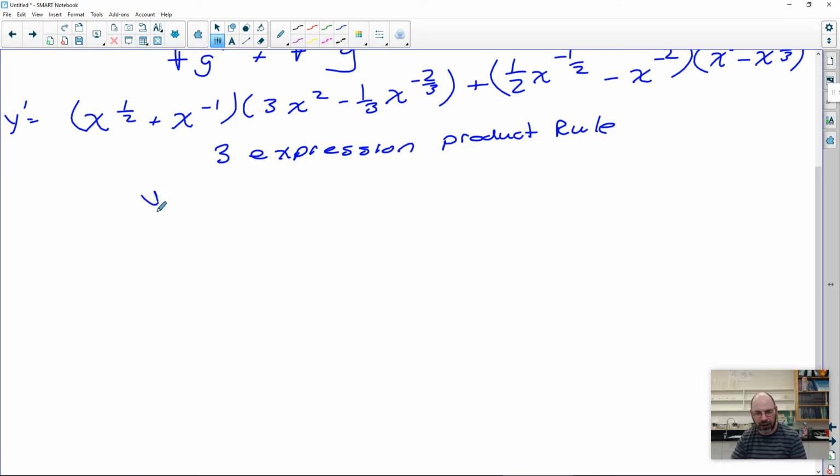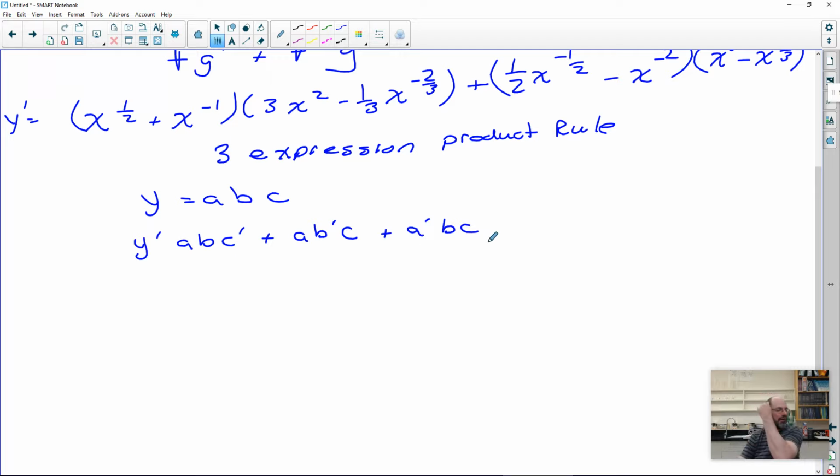If we have y equals a times b times c, then y prime would be a and b times the derivative of c, plus a and the derivative of b times c, plus a prime times bc. So for each one, you take the derivative of one and multiply together the other two. That is the general idea of the three expression product rule.